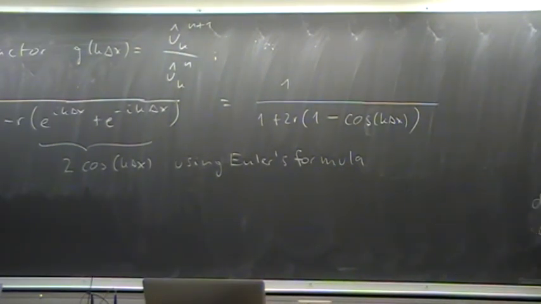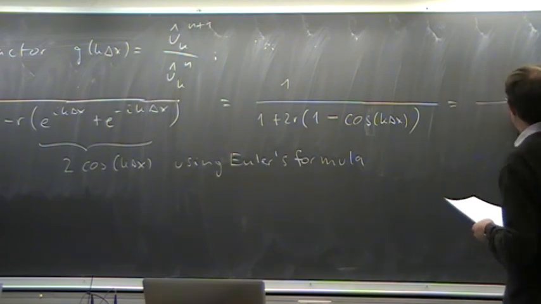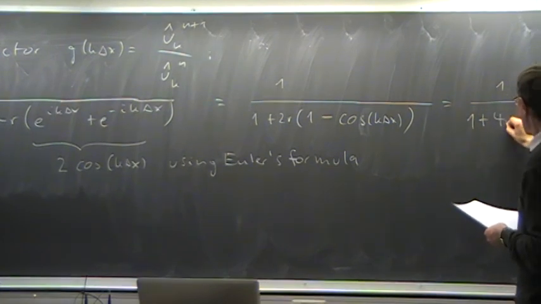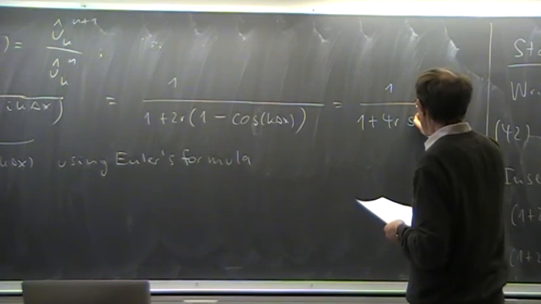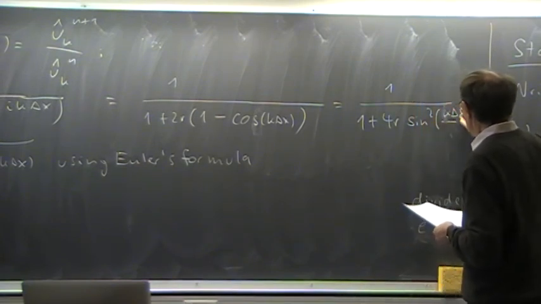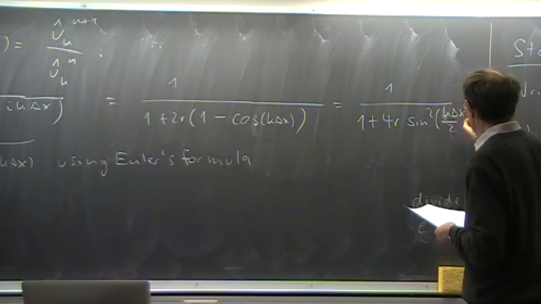And for this 1 minus cosine, we can again write by a trigonometric formula that this is equal to 1 plus 4r sine squared of k delta x half.